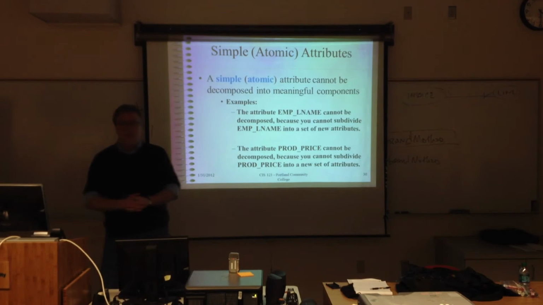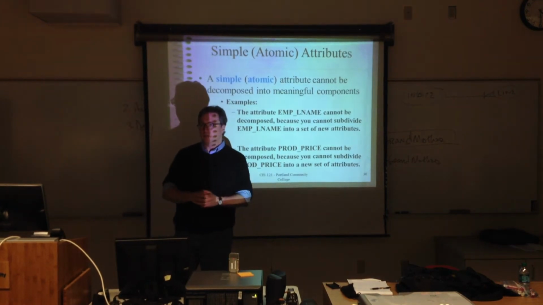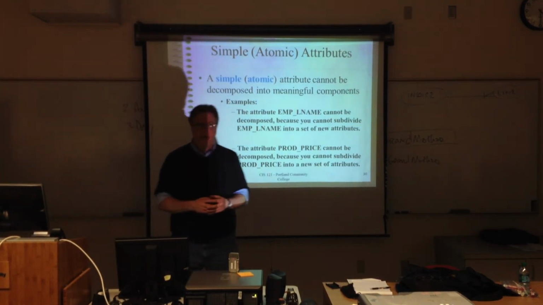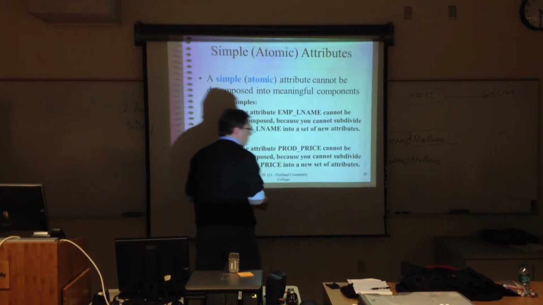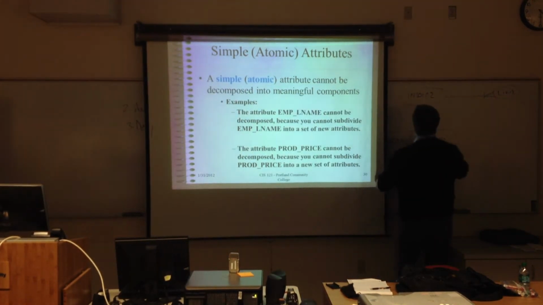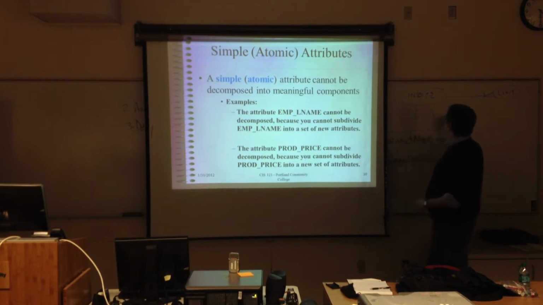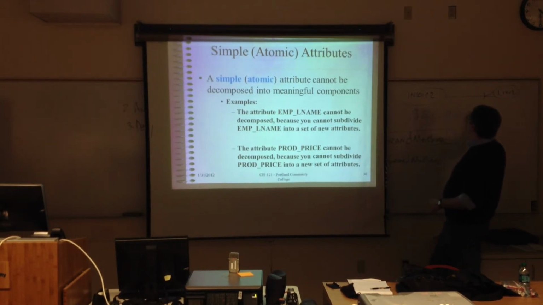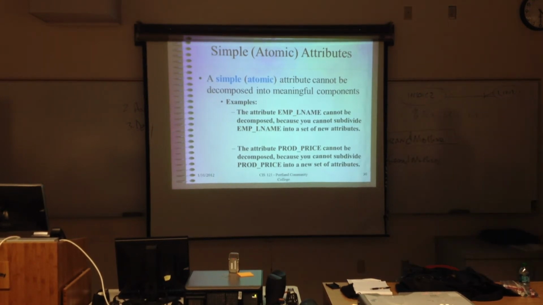Now, you might say to yourself, a big number can be broken down into different pieces. A big number typically has some sort of currency symbol, and then it has numerals, and it has separators, and then it has more numerals. At the level we're talking about today, it's just one thing. It's a price.